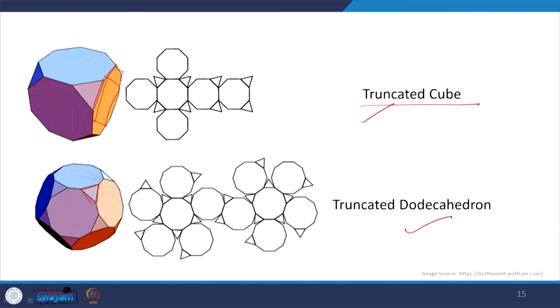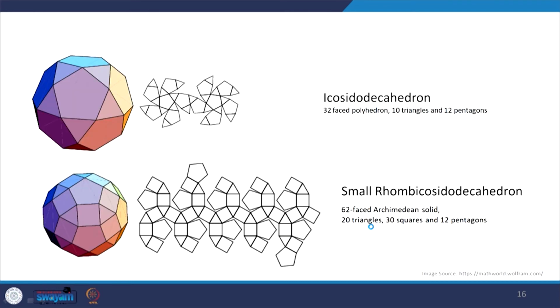Then we will have the truncated dodecahedron. So we will truncate each edge in such a manner that we get only a triangular surface. So this is a smaller truncation, and at each of the pentagonal surfaces we get a decagon. So this is what your truncated dodecahedron is.